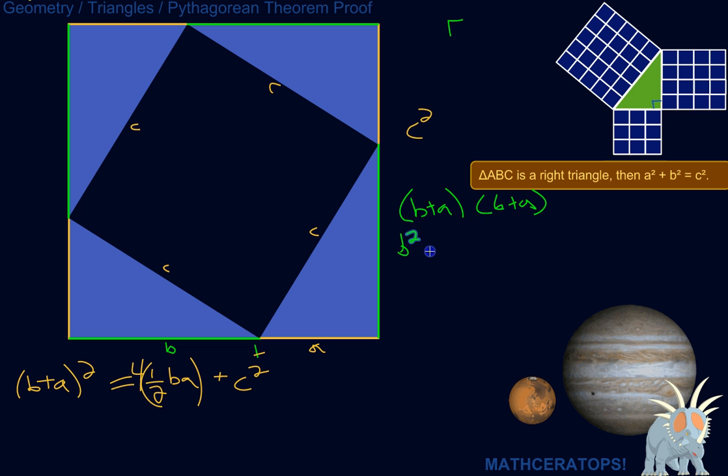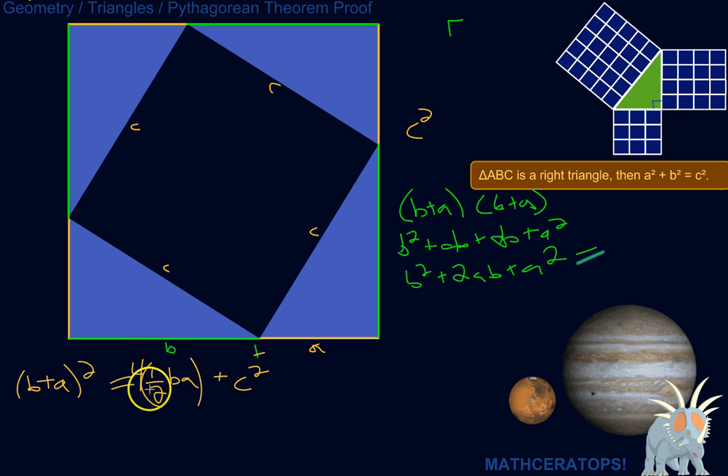B times a is BA, but I'm going to write it as AB, so it's alphabetical order, and so it's the same as this. A times B is AB, and then I can combine like terms. And a times a is a squared. So b squared plus 2ab plus a squared would be this side.